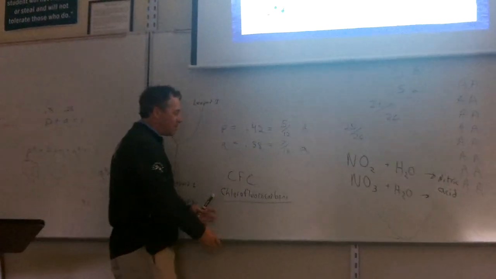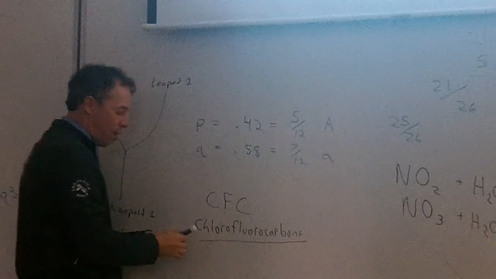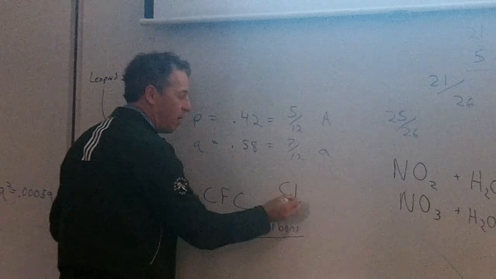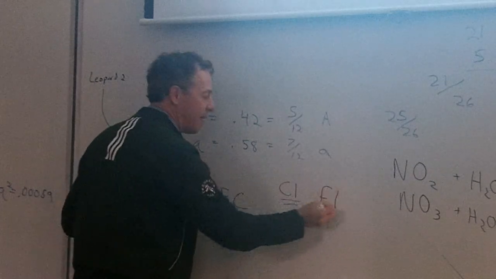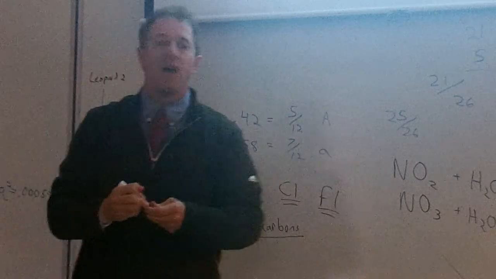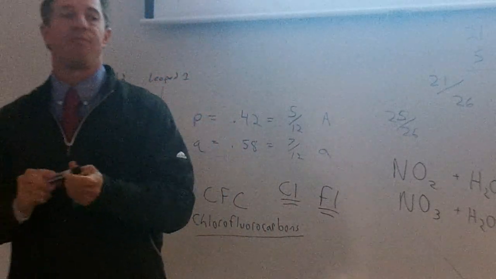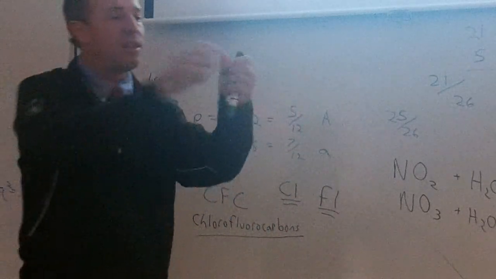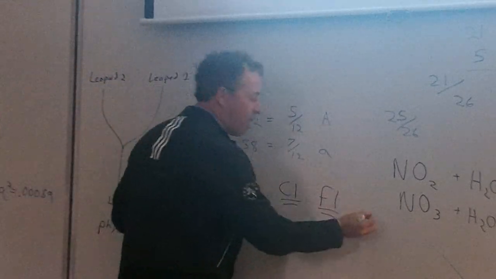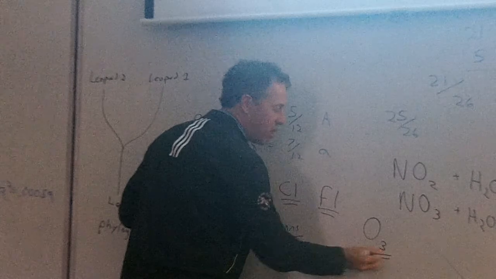And in the upper atmosphere, these chlorofluorocarbons, see, they contain chlorine, Cl, and fluorine. And these chlorine and fluorine atoms act like enzymes. They tear apart the ozone molecules one by one. So an O3 is an ozone molecule.